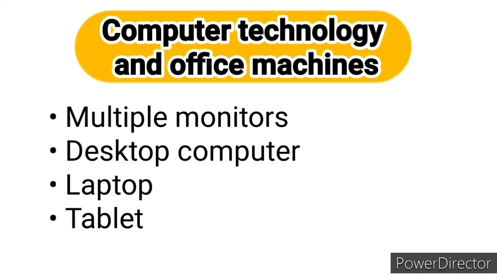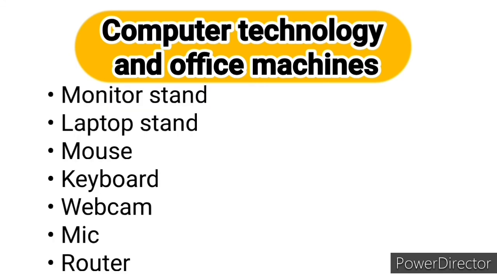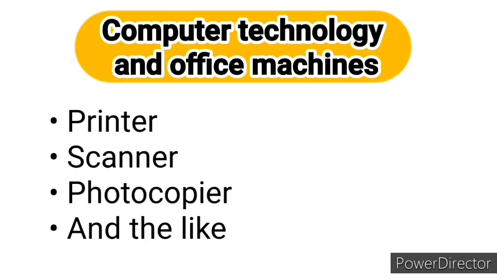Of course, for a government office to operate well, they should use up-to-date computer technology and office machines. It includes multiple monitors, desktop computers, laptops, and tablets. Computer accessories are also important, like monitor stand, laptop stand, mouse, keyboard, webcam, mic, router, and etc. A government office also uses office machines like printer, scanner, photocopier, and the like.